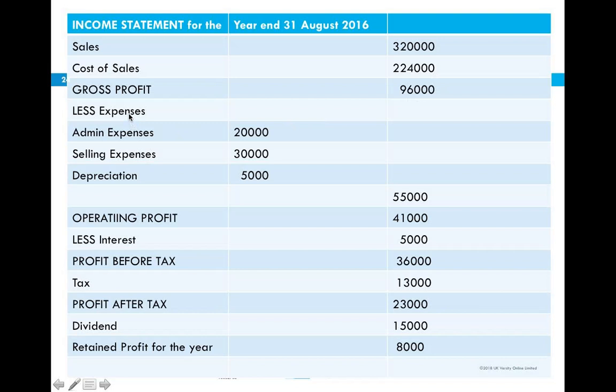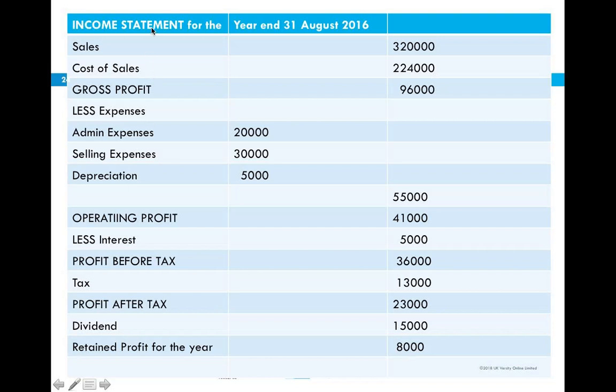When we deduct all kinds of overhead expenses for the business, we get operating profit. When we deduct the interest, we get profit before tax. When we deduct the tax, we have our profit after tax. And this is the retained profit for the business: when we pay the dividend, we are left over with the figure and we retain it for the next year.